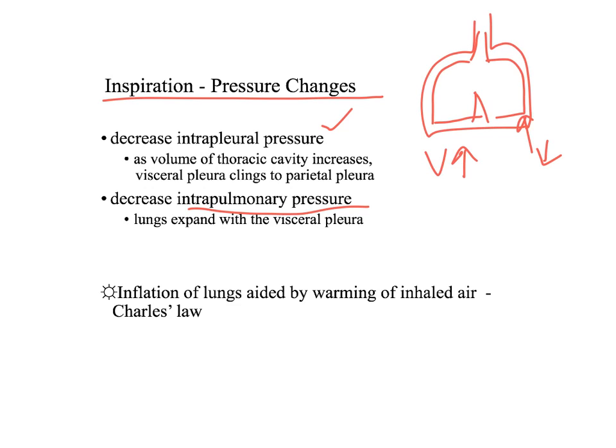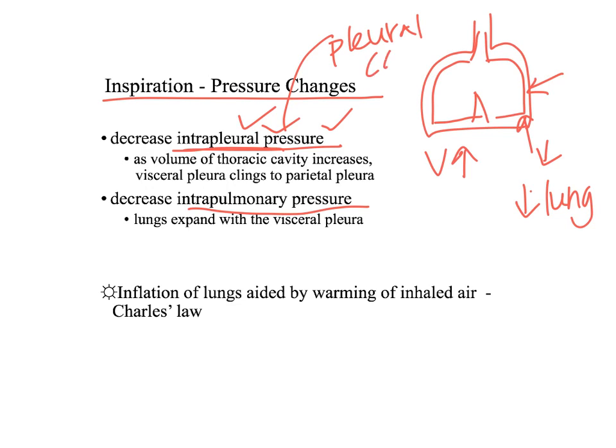So it's kind of like a chain reaction. The intrapleural pressure decreases, and then the lungs stick to that, and then the pressure in the lungs decreases. Intrapleural pressure is what's in that pleural cavity. Intrapulmonary pressure is the pressure in the lungs.